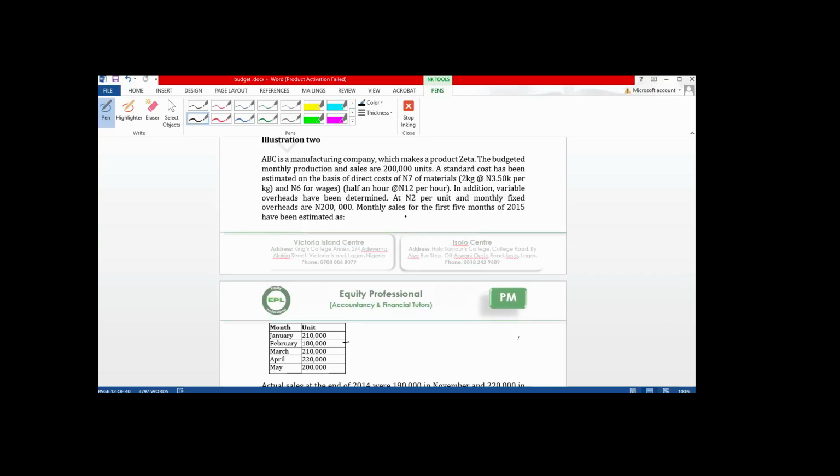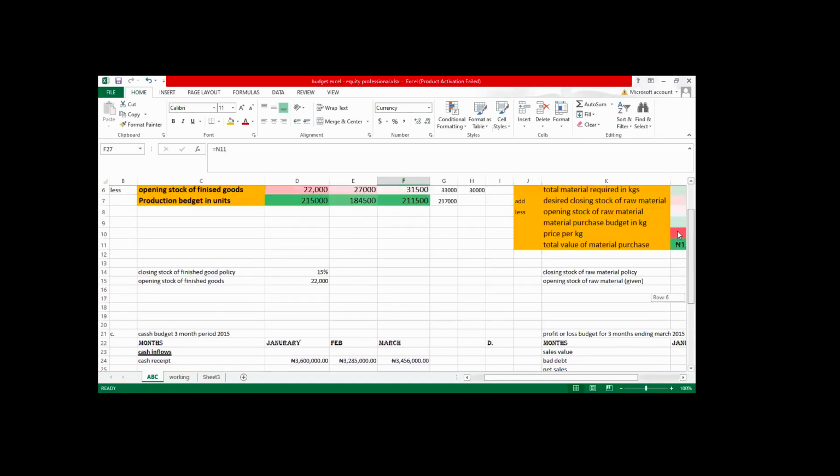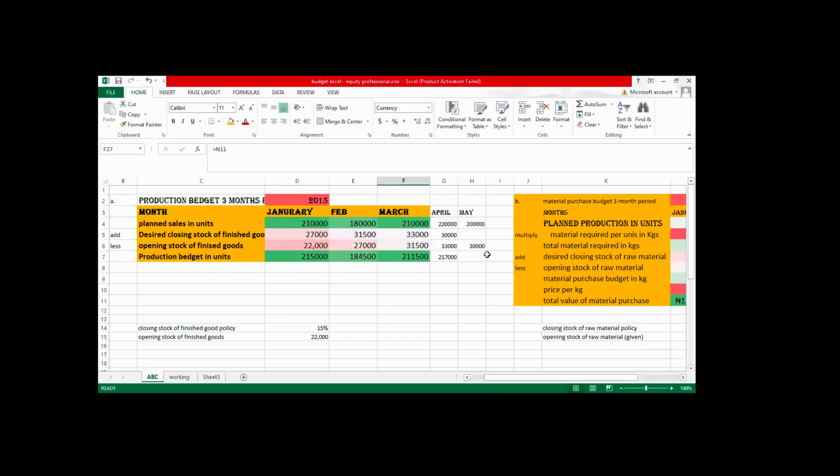How many are we going to produce in January, February, March? Go and check your production budget. In the month of January, we are going to produce 215,000. February, 184,500.